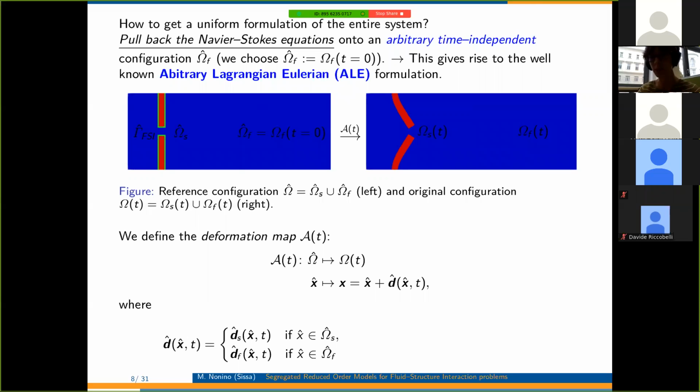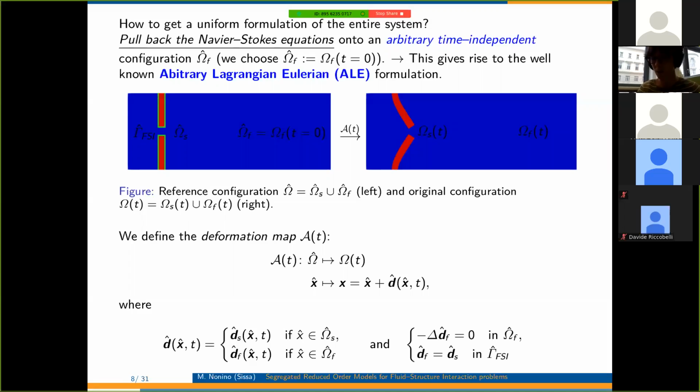So this displacement is the solid displacement if the point falls in the solid reference configuration. Whereas if the point you are considering is in the fluid reference configuration, then it is more difficult to understand what the displacement of a fluid is. And indeed, there are multiple ways on how to define dF.